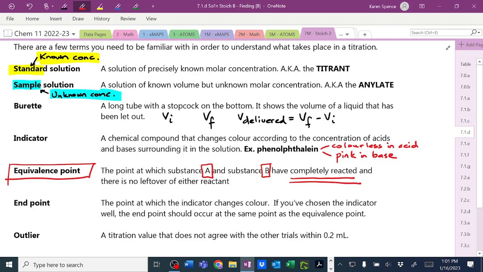And let's say reactant B is the pen caps. Yes? So I add a little bit of the pen caps to the pens. Have I reached the equivalence point? No. I add a little bit more of the caps to the pens. Have I reached the equivalence point? No. I add a little bit more. Have I reached the equivalence point? Yes, I have.